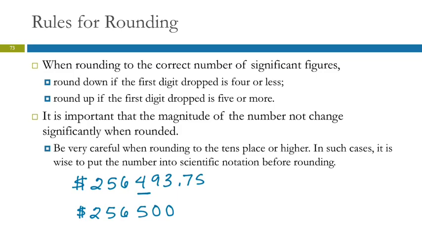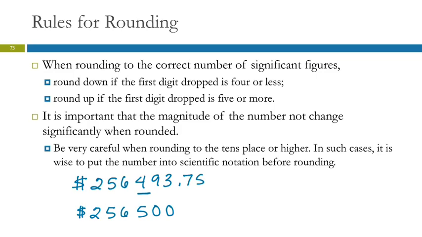And that's reasonable, rounding $256,493.75 to $256,500, right? But I don't want to put .00 after it. Because if I'm trying to get 4 sig figs and I write .00, that decimal point makes all of those zeros significant, and now I've got the same number of sig figs I had before. So we don't want to actually write the decimal point, but we need the placeholder zeros.